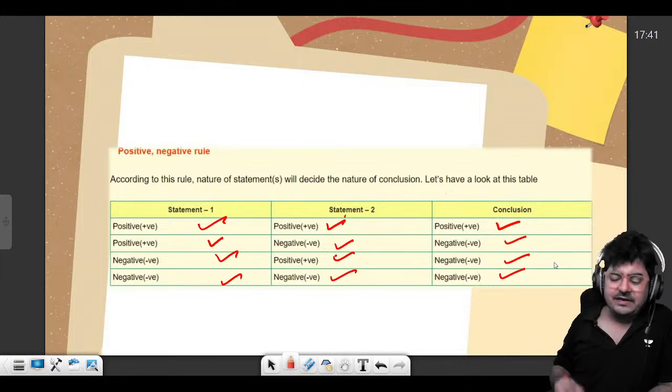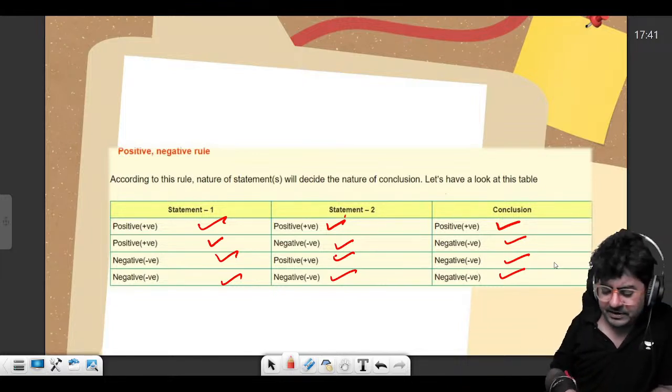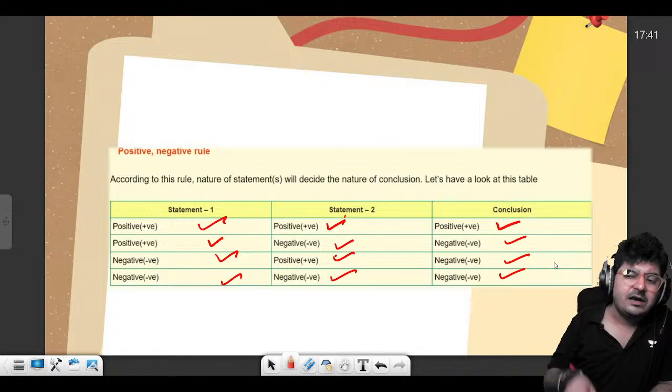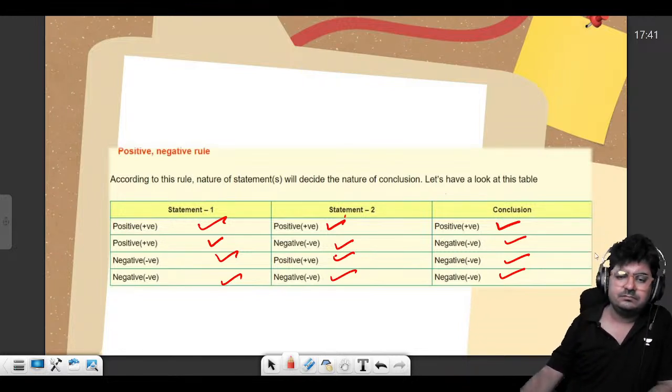If the given statements are positive, they can't have a negative conclusion.